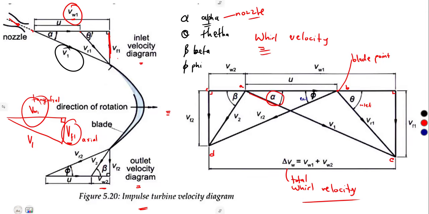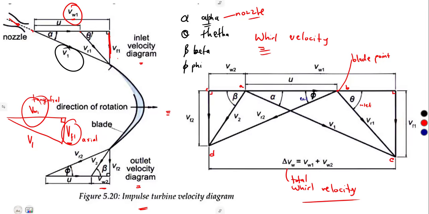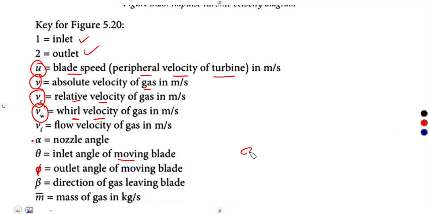And another part is theta, the inlet angle of moving blade. So theta is the inlet, where the one at the exit is going to be angle phi. So I'm going to use angle phi like this, the outlet angle.